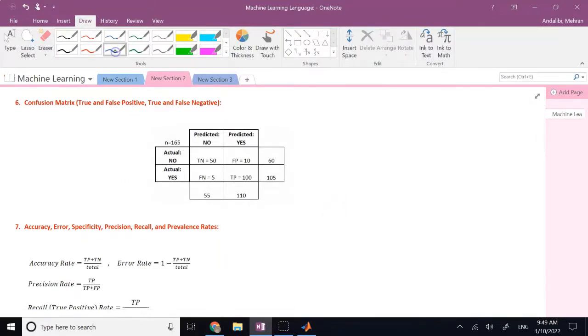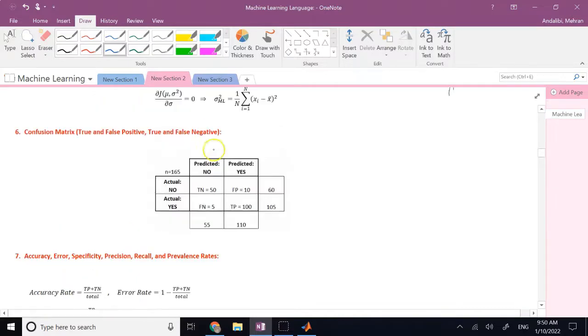True and false, positive and negative definites. What are these? So many times when you have a classification algorithm, you want to know how good your classification algorithm is doing.